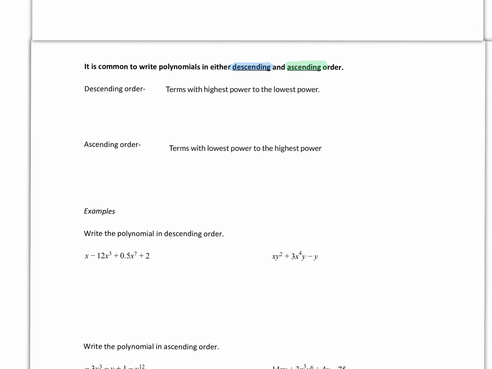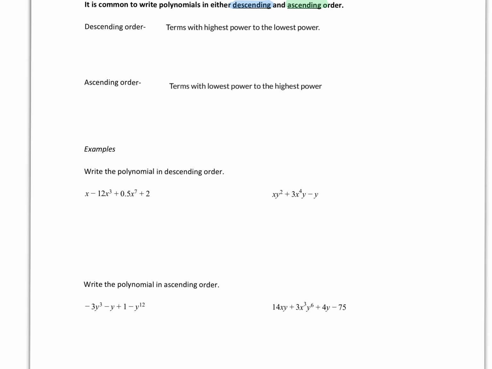The first one says, write the polynomial in descending order. That means highest power to lowest power. I have 4 different terms here. If we start with the highest power, because that's what descending order means, then x to the 7th, or a degree of 7, comes first. We'll call that 1.